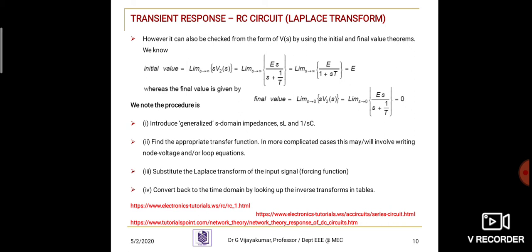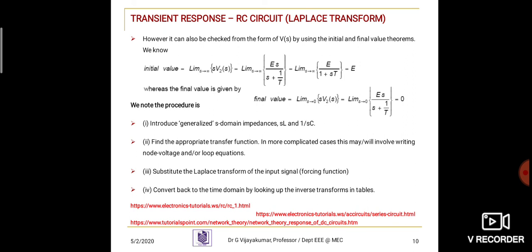Why we are going for an S domain, we have already discussed. What are the procedures that should be followed while transforming a time domain function into the S domain? These 4 steps give an overall idea of this presentation. First, introduce the generalized S domain impedances SL and 1 by SC, which are the inductance and capacitance values in the S domain.